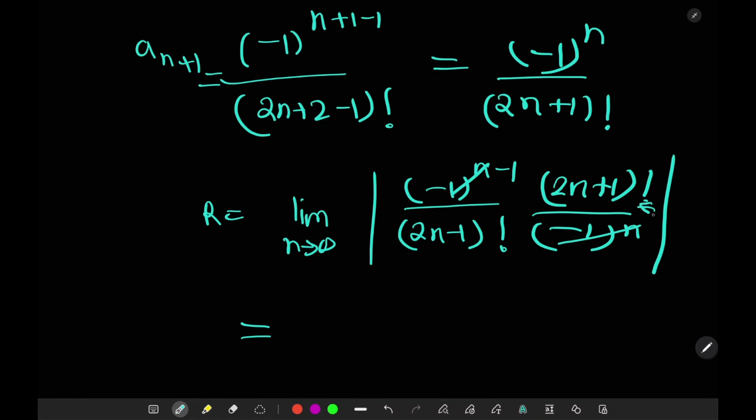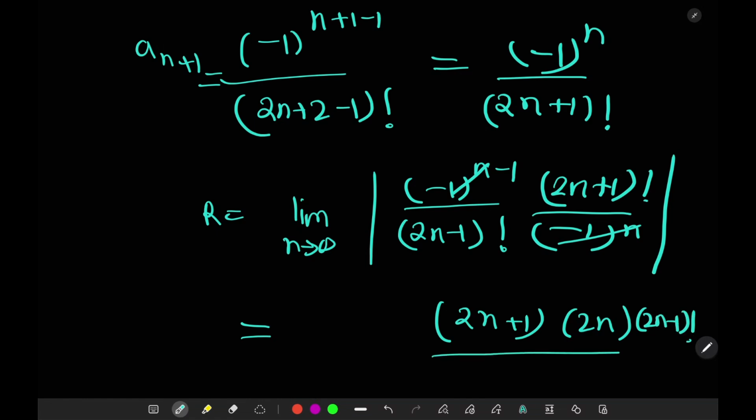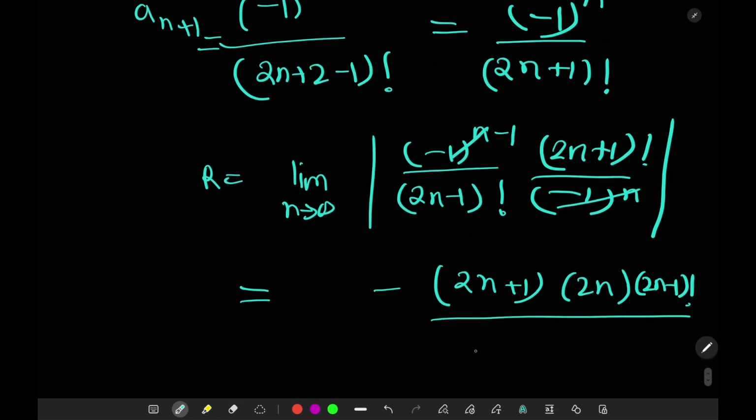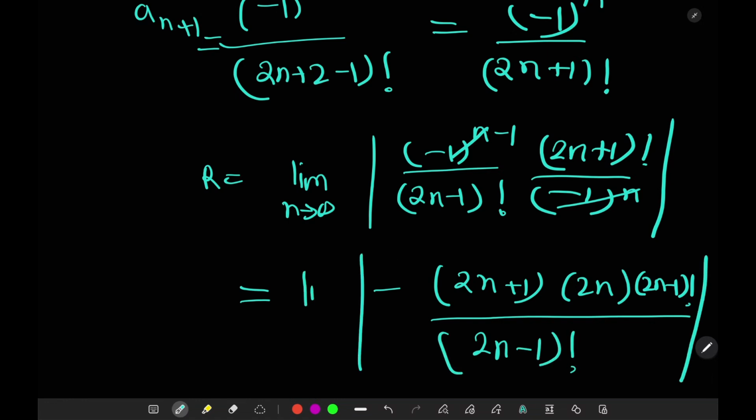And if we solve this factorial, we can write (2n+1)(2n)(2n-1)! divided by (2n-1)!, and this is the mod limit n tends to infinity.